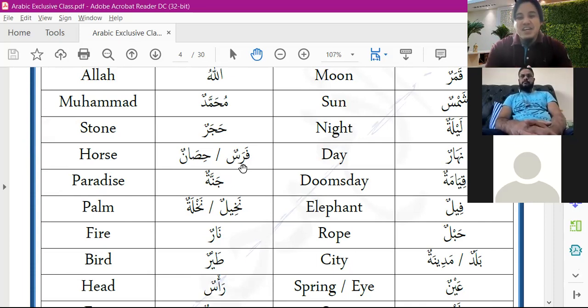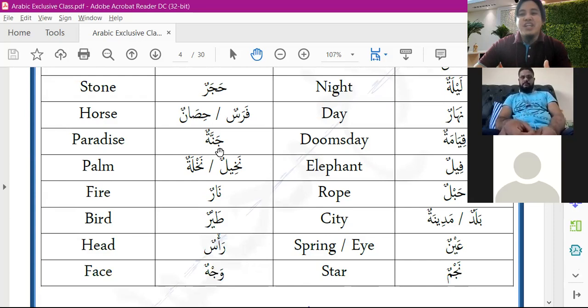During the time of the Prophet Muhammad sallallahu alaihi wasallam, they used the faras, the horse, for battle. Another term for horse in Arabic is hisan. Hisan is from the word ahsan, meaning nice or good. So hisan means horse.